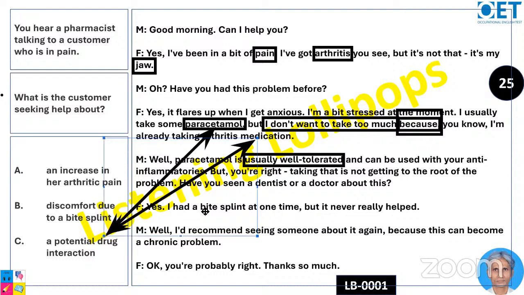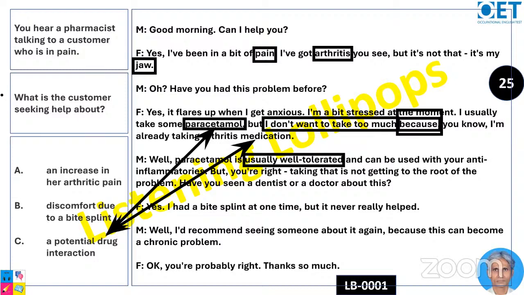That is why she's asking. No problem, paracetamol is usually well tolerated and can be used. So he's clarifying her doubt, that there is no problem. So she is seeking help. That's it.